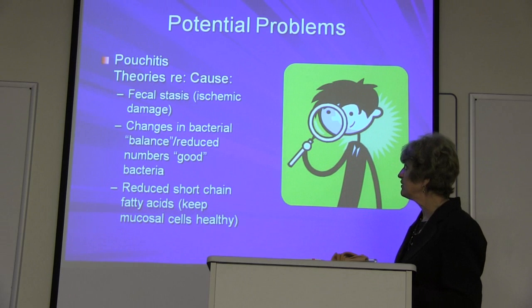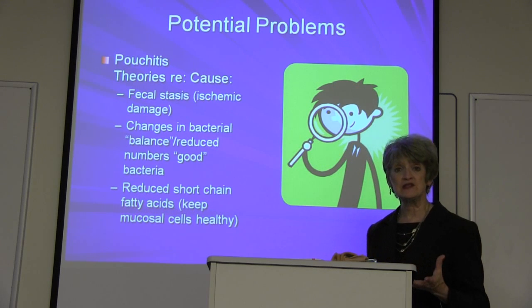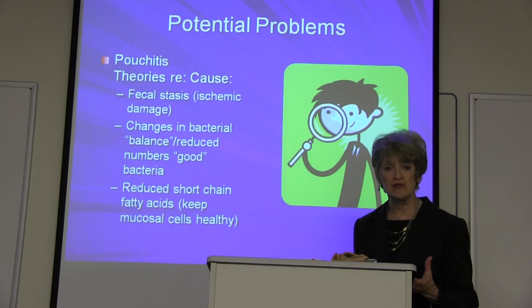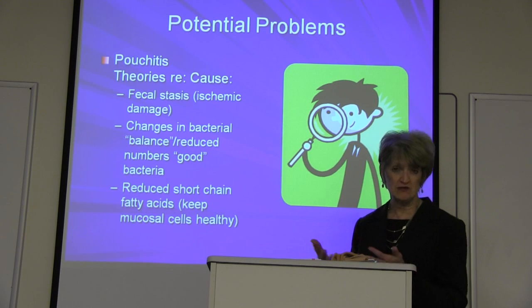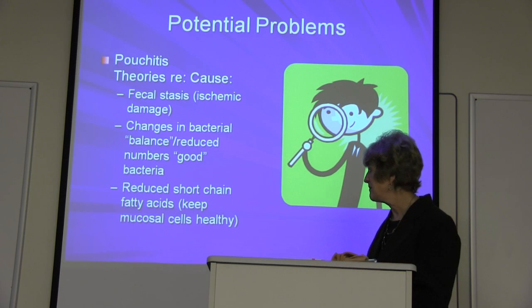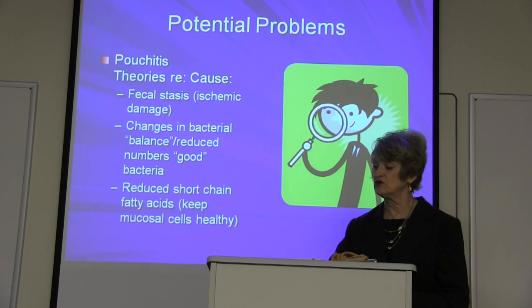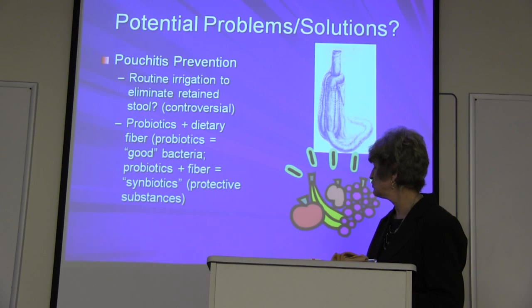So back to the theories regarding cause. Fecal stasis, bacterial overgrowth. Bacteria compete for oxygen and nutrients and can damage the cells in the bowel wall. Change in the balance between aerobes and anaerobes, good bacteria, bad bacteria, and reduced amounts of short-chain fatty acids.